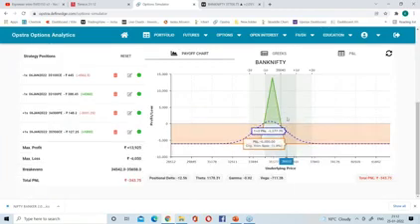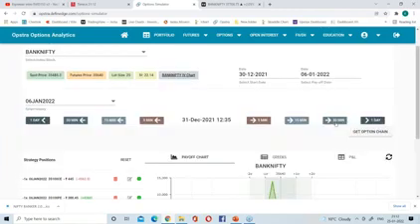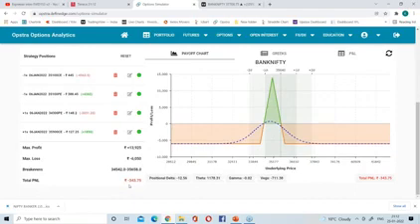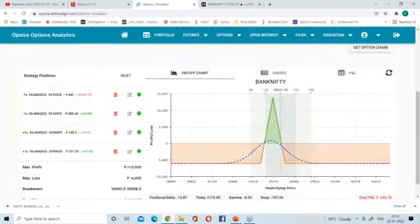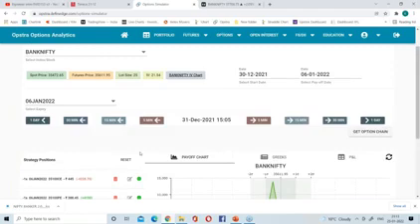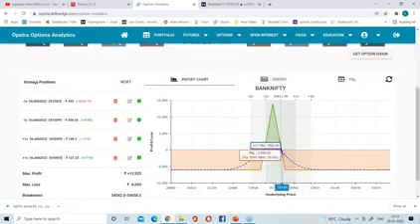The market is trading around our break even point. Still we are not in major loss. The market is continuously trading around our break even.